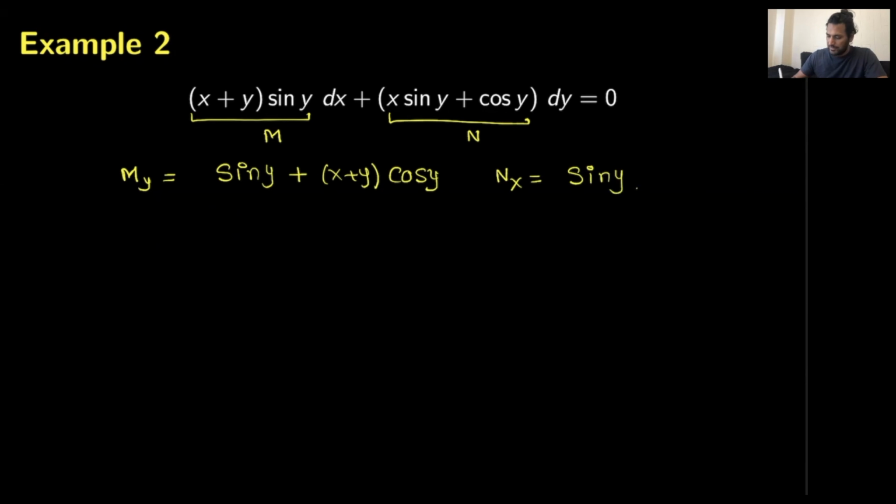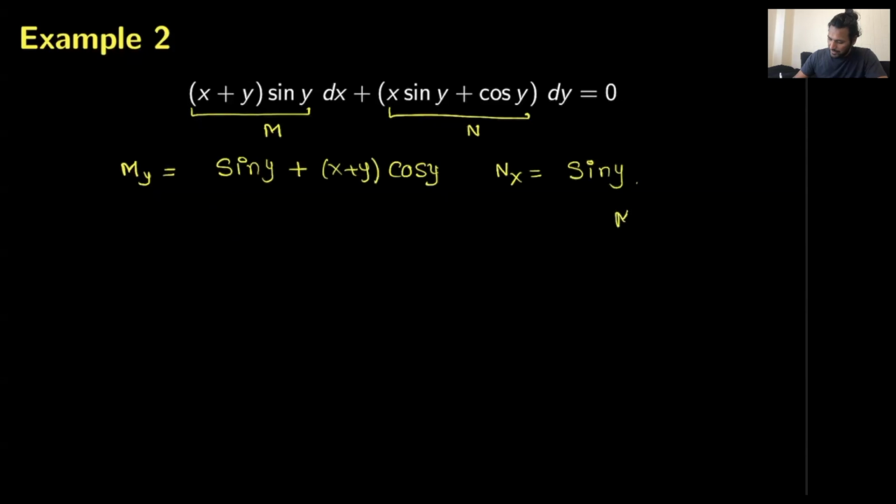So clearly the partial derivative of M with respect to y is not equal to the partial derivative of N with respect to x. So it is not an exact differential equation.